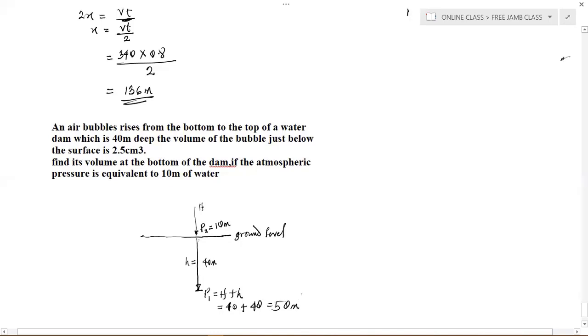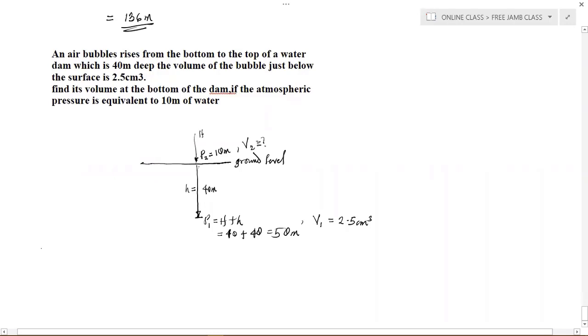At this point also, the volume V1 is 2.5 cubic centimeter. We are looking for the volume at the top here. We just use Boyle's law to say that P1V1 equals P2V2. We are looking for V2.